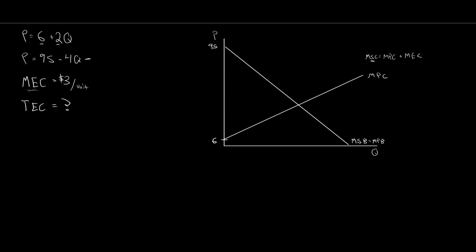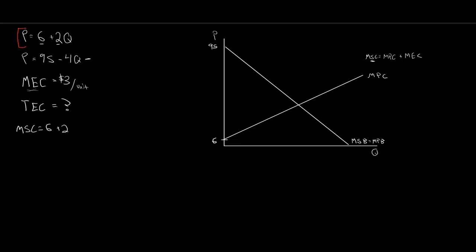So I can figure out what this is. Marginal social cost equals marginal private cost, this one, 6 plus 2Q.